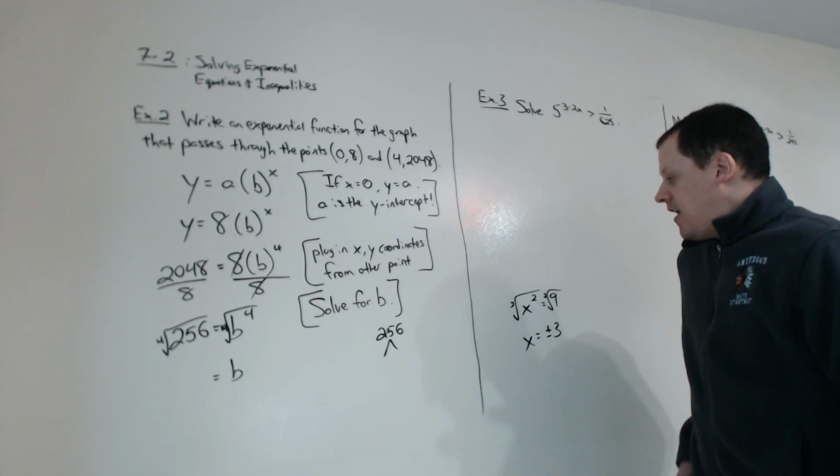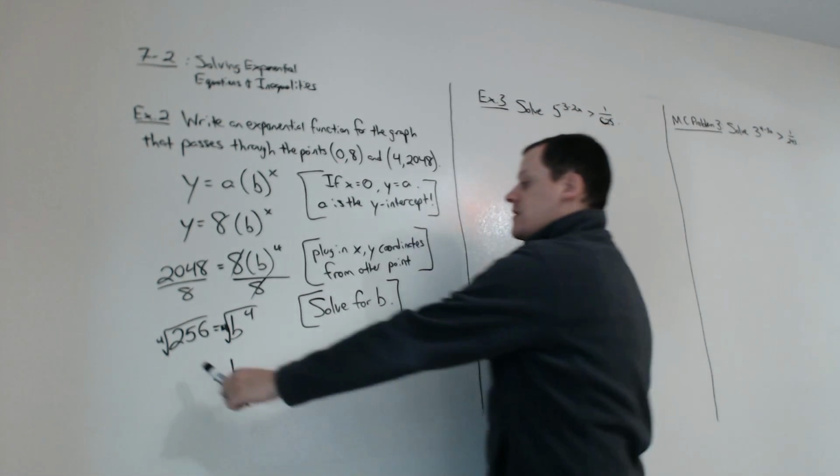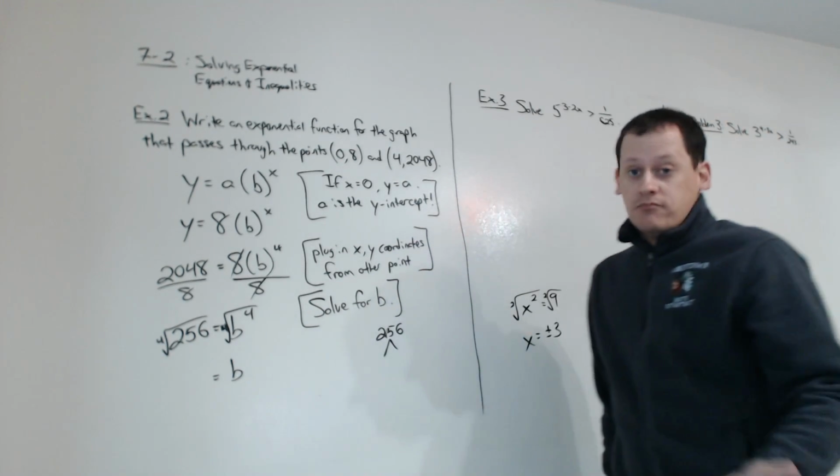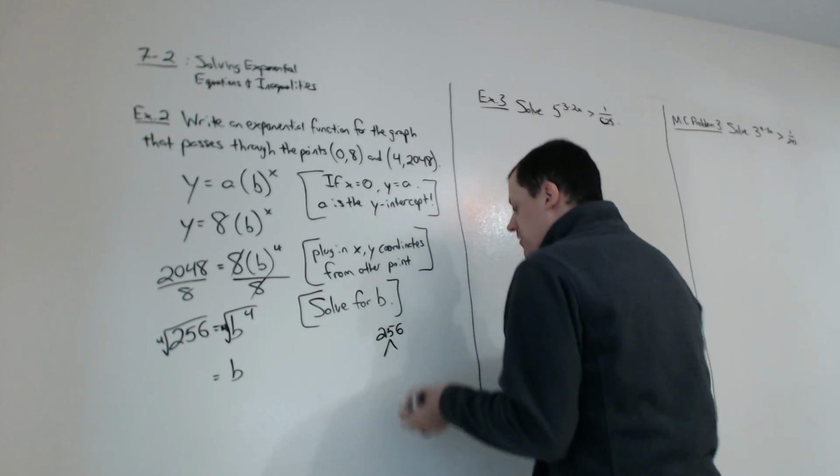No other real way around it unless you've got a calculator that can do this all at once, which maybe you have access to one. But if not, you're going to have to break that down.